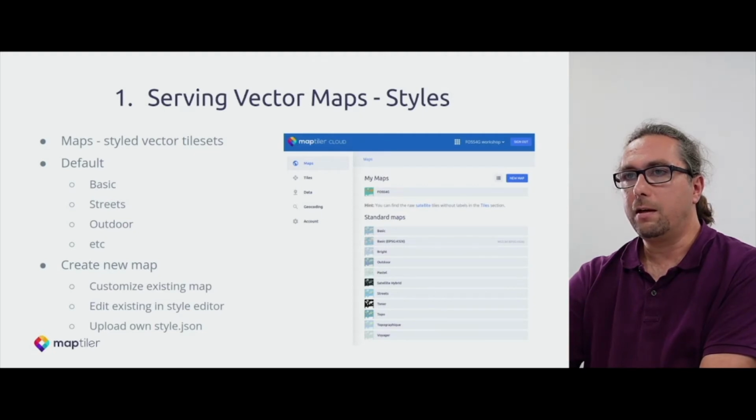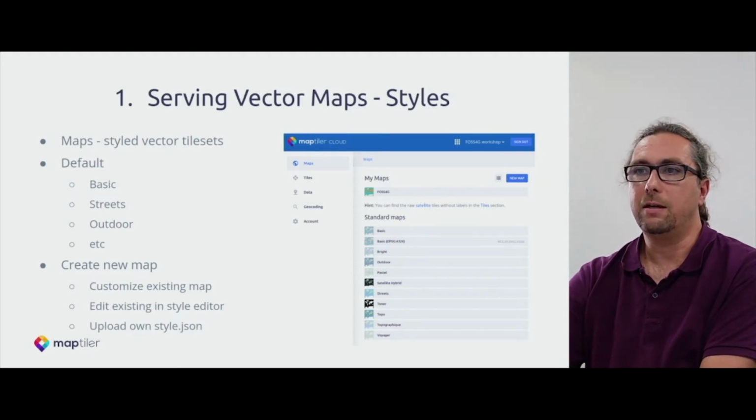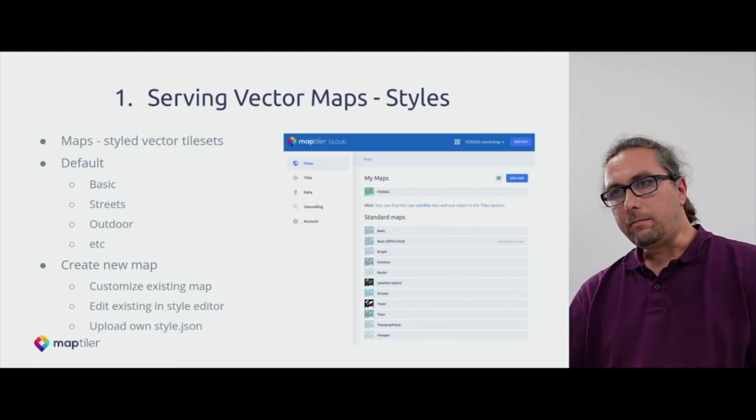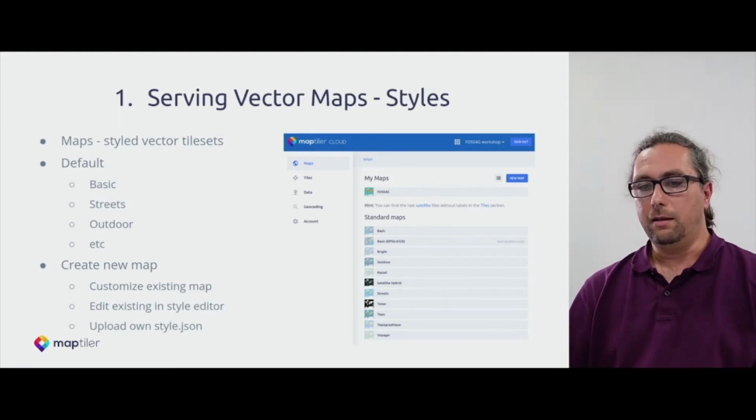MapTiler Cloud, of course, comes with predefined maps, standard maps like basic, streets, outdoor. There is also a hybrid map with raster imagery, and a map with 3D terrain and so on.